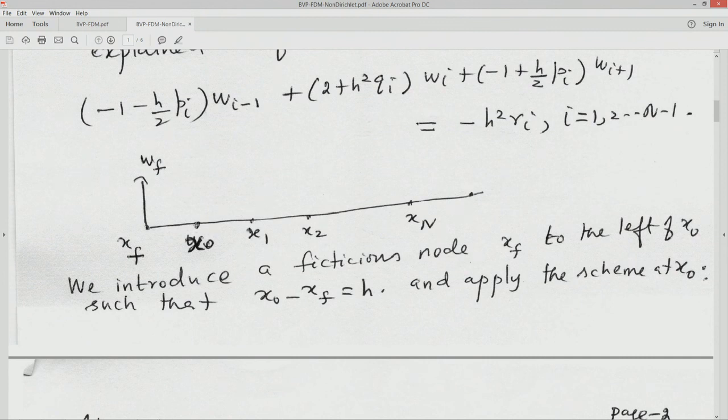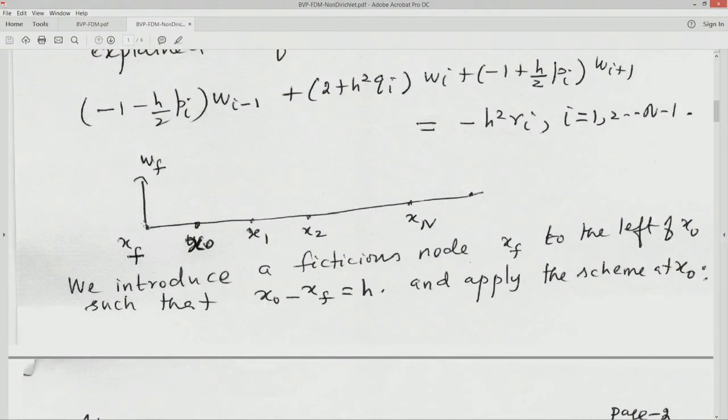I repeat, when we want to apply the boundary condition at the point x 0 and get the corresponding equation which should be incorporated in the algebraic system, we take a fictitious point x f to the left of x 0 at a distance of h units from x 0 and call the approximate solution at that point as w f.